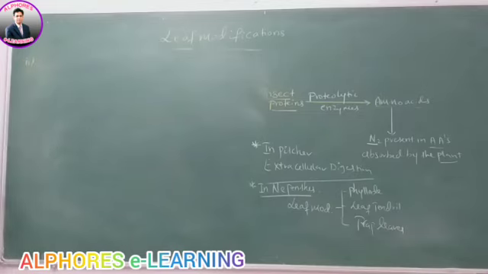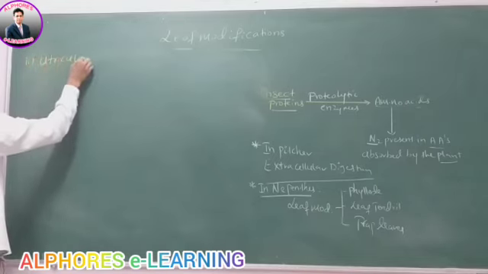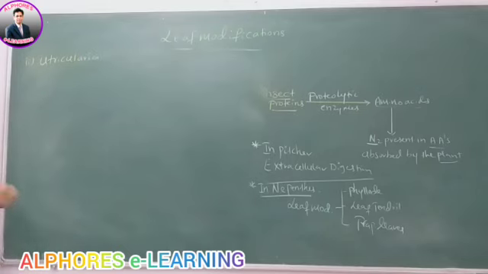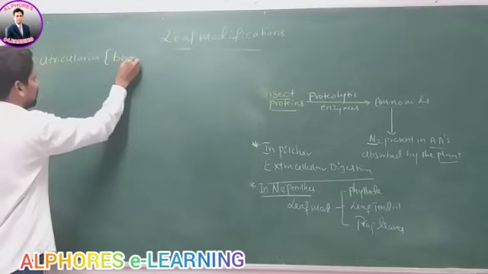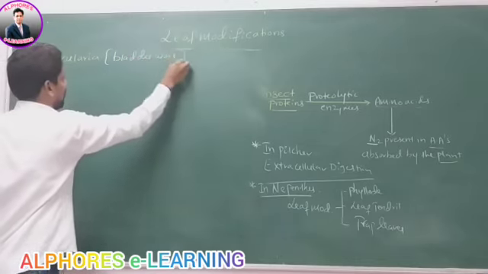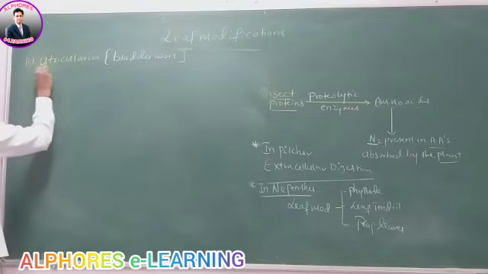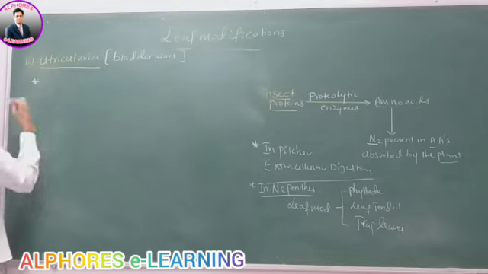For insectivorous plants, the second example is Utricularia. What is the common name of Utricularia? Bladderwort. Now listen here, this Utricularia is a hydrophyte.